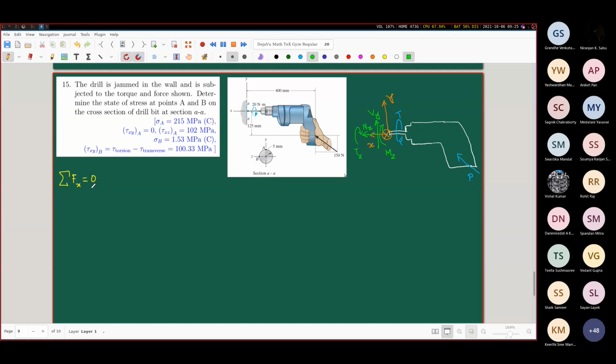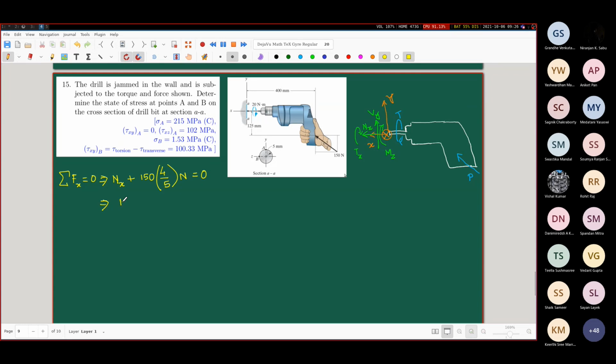Now, sigma Fx equal to 0, what is it going to give me? Tell me the equation. Nx plus 150 times what? 4 by 5, equal to 0.